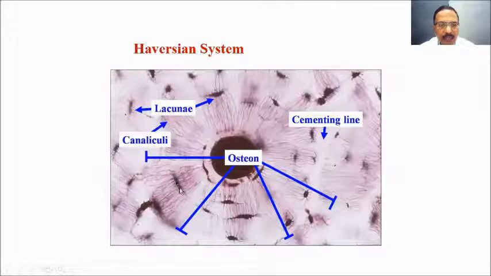In between are the dark spaces, the lacunae, interconnected by a lot of canaliculae. So this is the way a single osteon looks under the microscope.